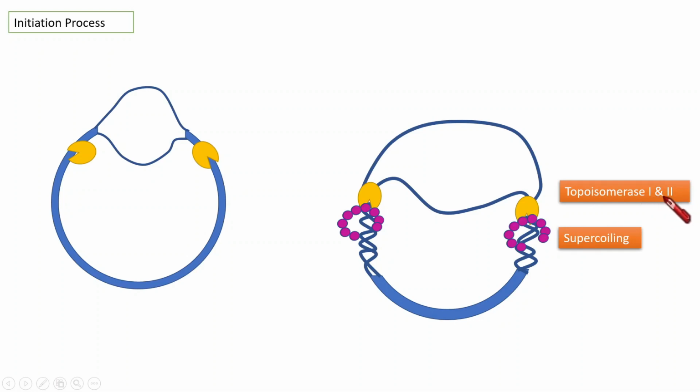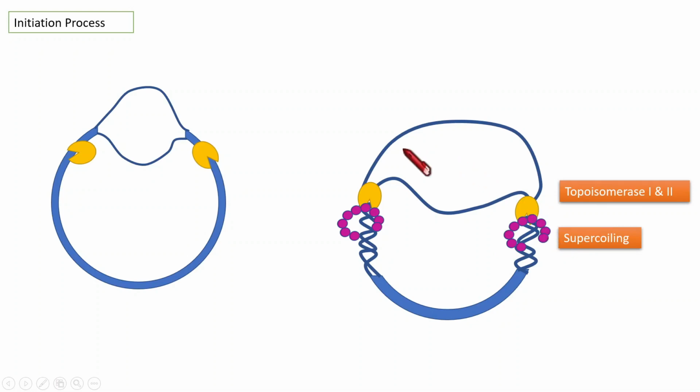Why 1 and 2? Because there is a difference in the orientation in which they relieve the supercoiling. It can relieve positive and negative supercoiling. Anyway, leave that. This enzyme comes and relieves the supercoiling in the DNA strand.